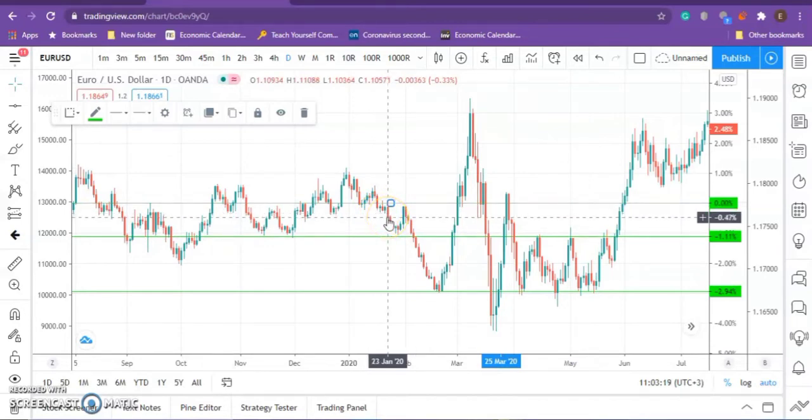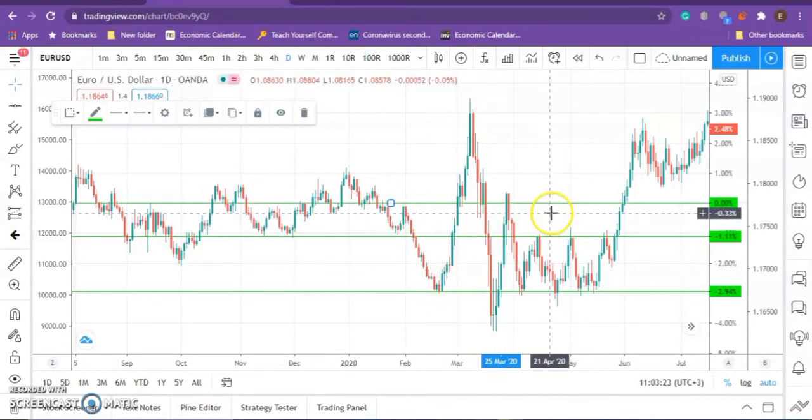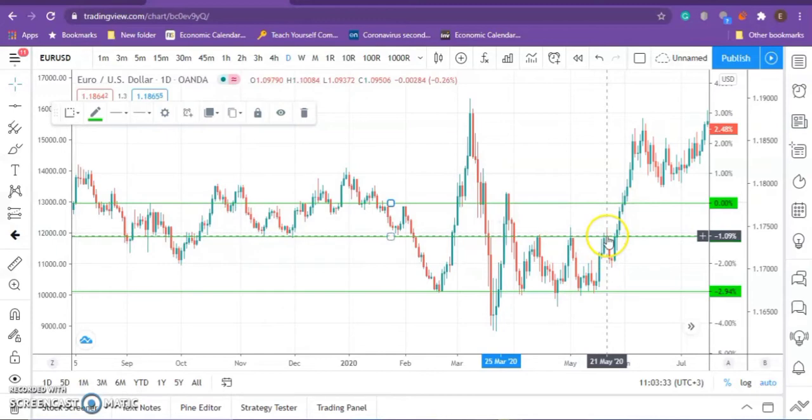Your resistance point can also be your support in a graph like this, which is in an ascending structure. So assuming this was your initial resistance point, when it goes down and then goes up, this becomes your support, while this now becomes your new resistance point.